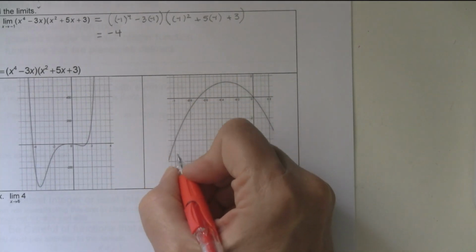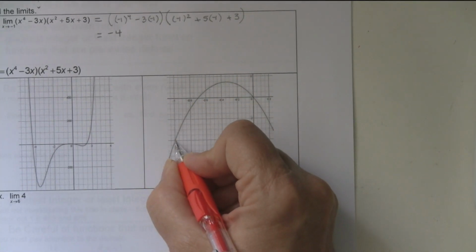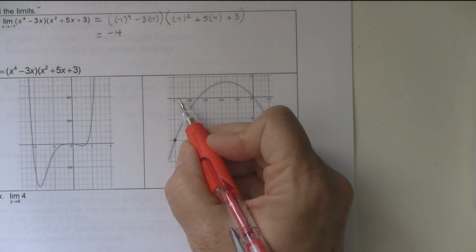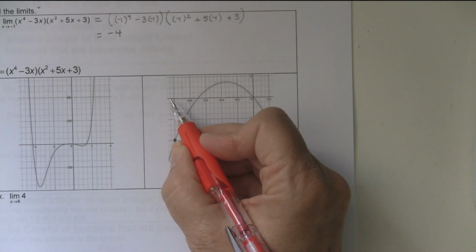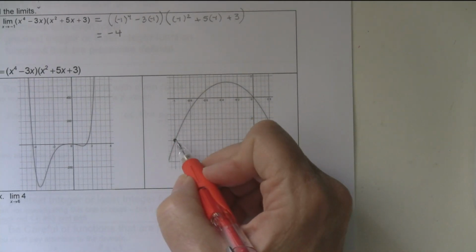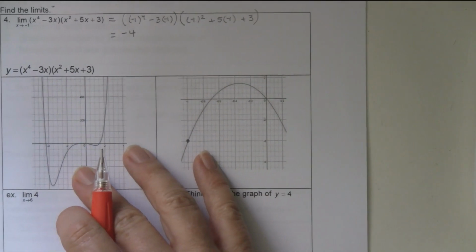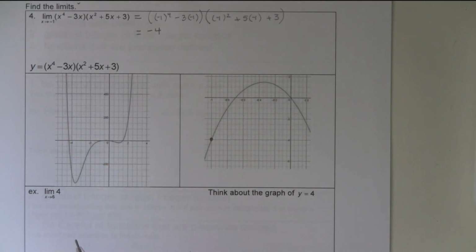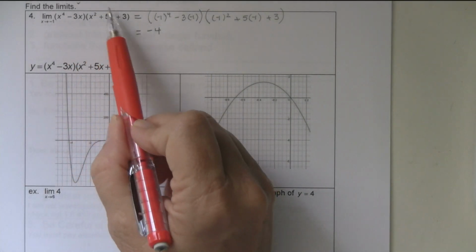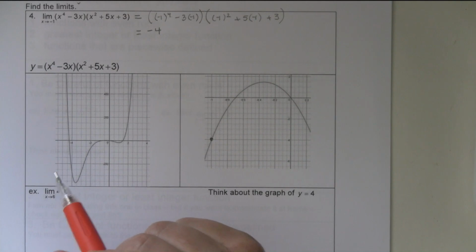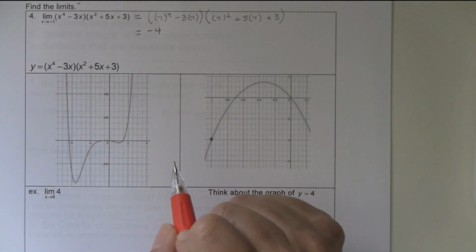There is not a hole in the graph, and so here is my output, and that's what the limit is asking. It's saying as you near -1 from the right and the left, I went backwards on that, the output is nearing -4. That's what the limit is saying. And the direct substitution property said, if this is a polynomial, then you can just substitute to find what it's nearing on the left and what it's nearing on the right.